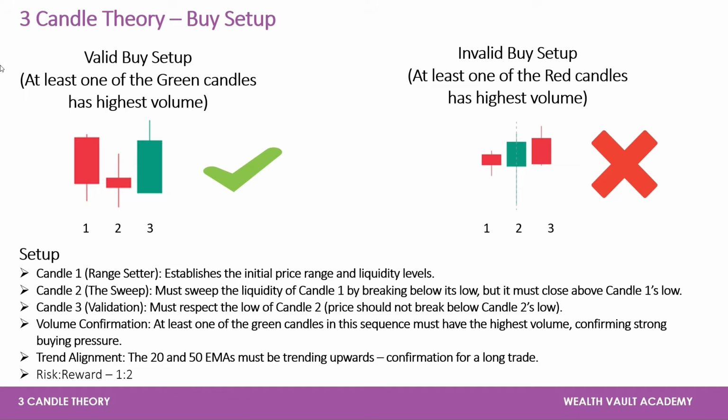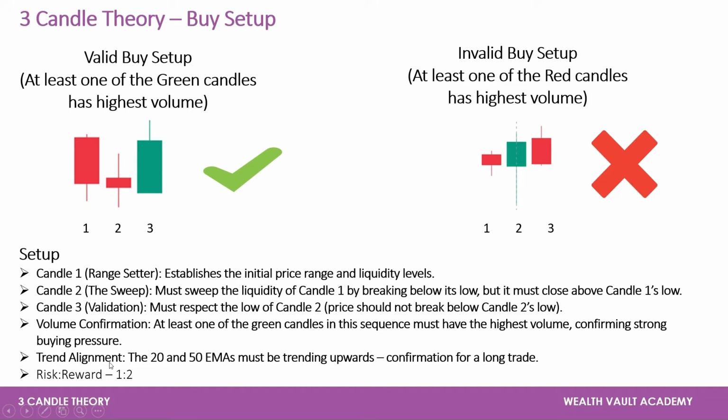No worries, then it is fine, and you don't need to check the volume. But whenever there is a red and green candle combination, you have to see that the highest volume is in the green candle. There is no rule as such that there should be at least one red candle in this setup. Okay, fine.